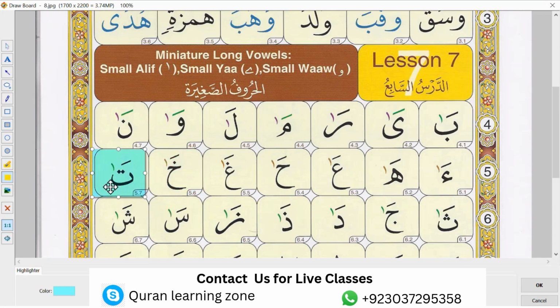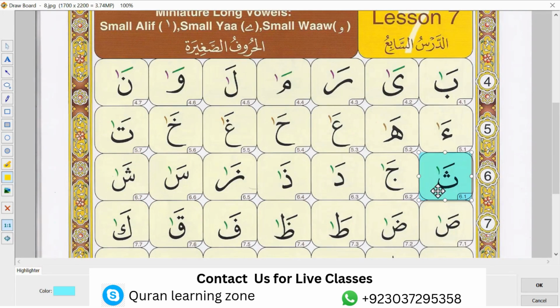Next is kha khadi zabar kha, ta khadi zabar ta, sa khadi zabar sa, jim khadi zabar ja, dal khadi zabar da, dal khadi zabar za, za khadi zabar za.